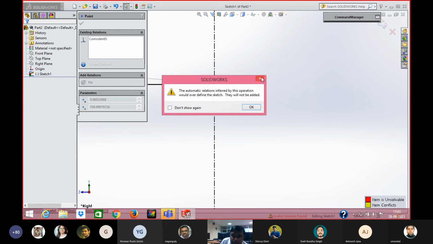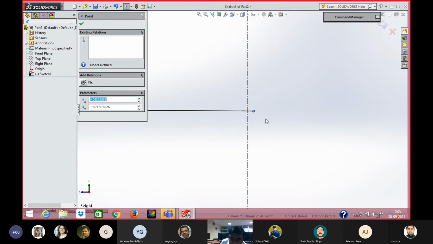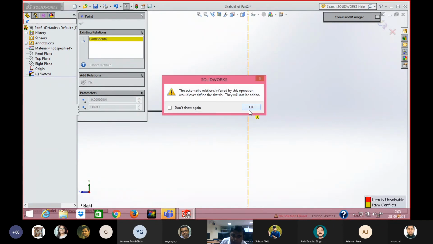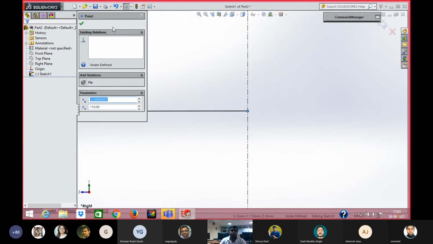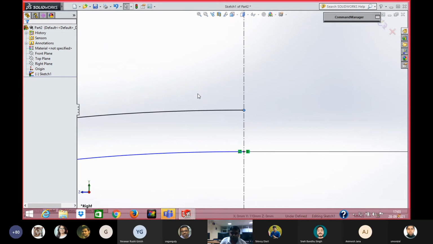Now I think both the points are on the center line. Then you close it.